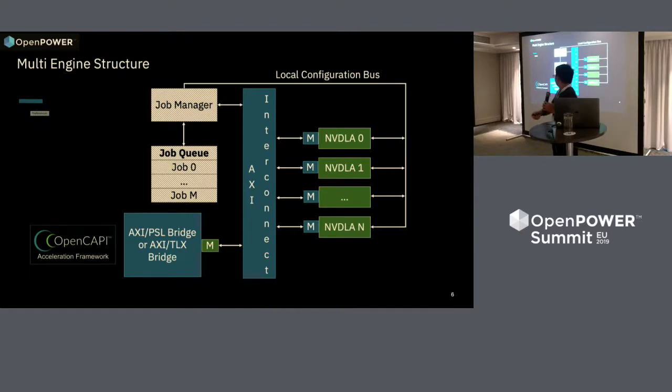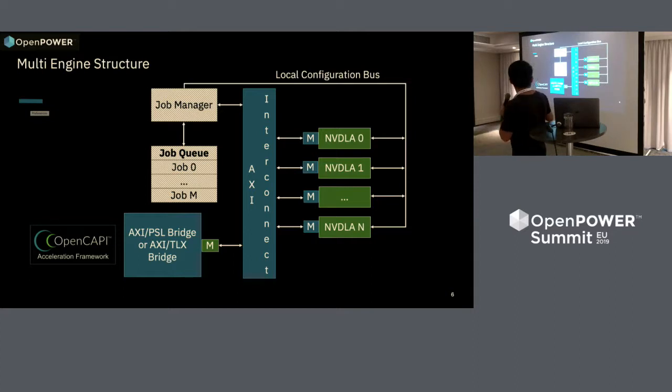Okay. And then for the hardware design, I will explain some of the details. Right now our whole hardware architecture is based on a multi-engine structure. Inside the FPGA, inside the AFU, we have an AXI interconnect, which can connect to multiple NVDLA engines.